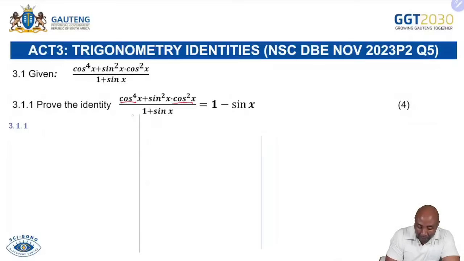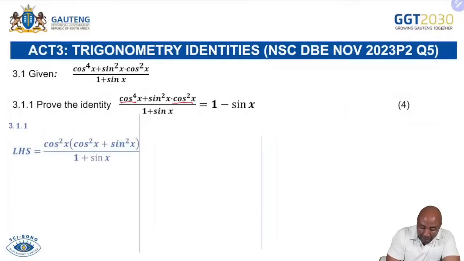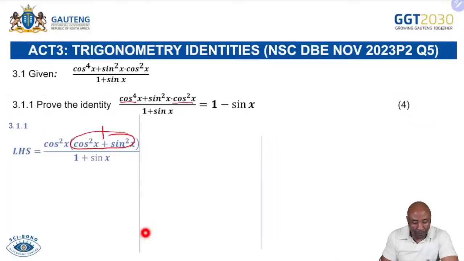So I will factorize cos squared x. If I take it out, I'll remain with cos squared x plus sine squared x. But what do I see here? I know that cos squared plus sine squared is an identity. This whole thing becomes 1.